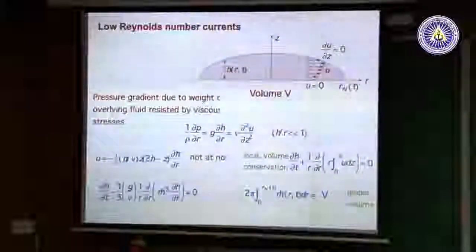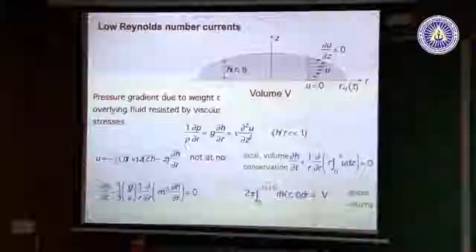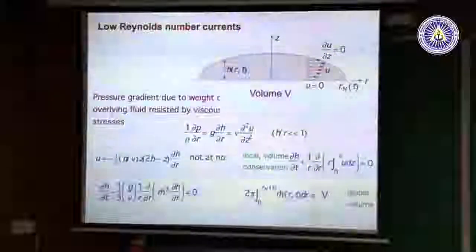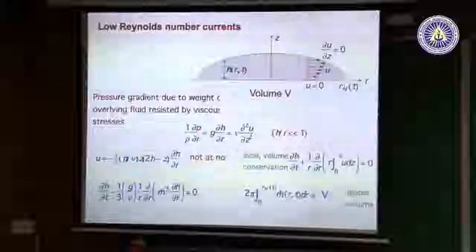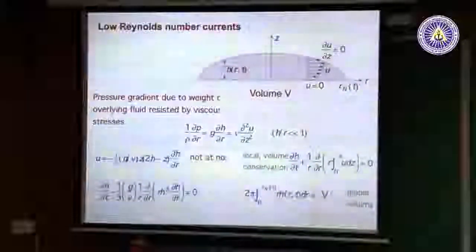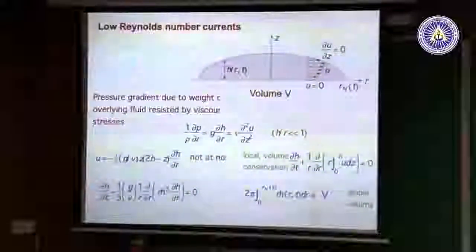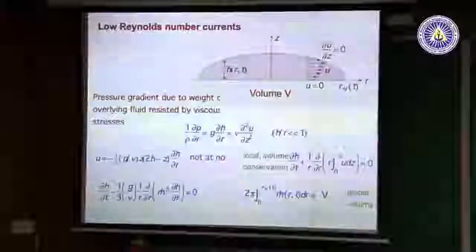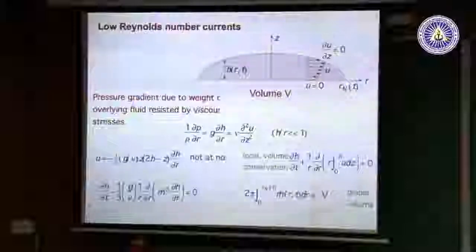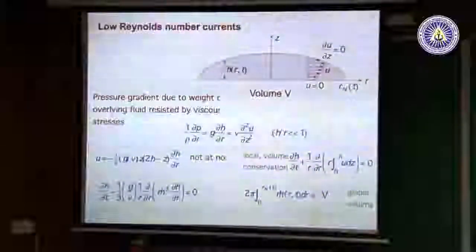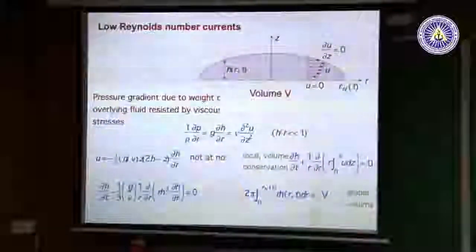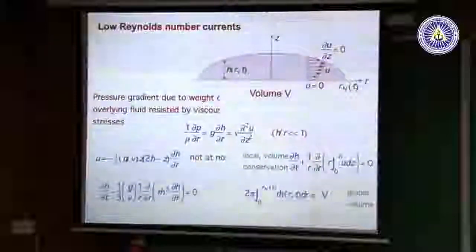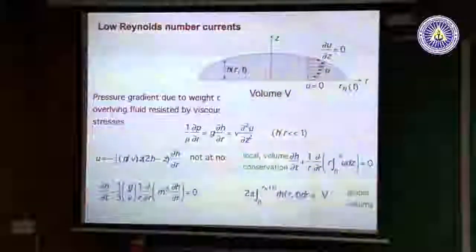The pressure gradient due to the weight of the overlying fluid is resisted by the viscous stresses. This is the radial pressure gradient. P is rho g h, so dP/dr over rho is g dh/dr, and that's resisted by the viscous stresses, and we'll forget about the radial component because this is a thin blob, as you saw here.